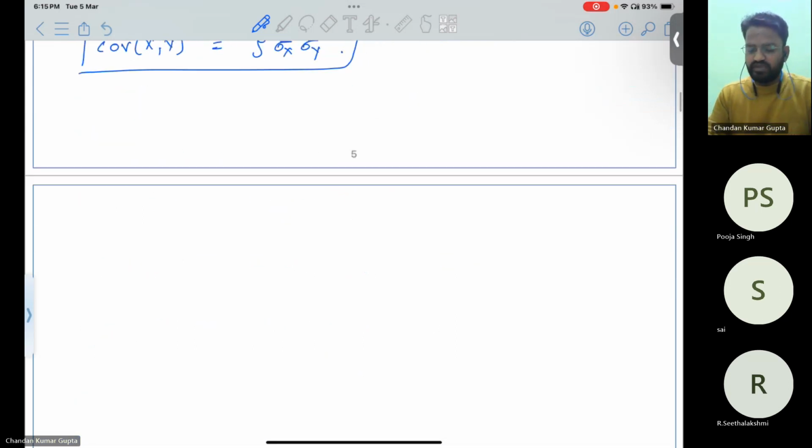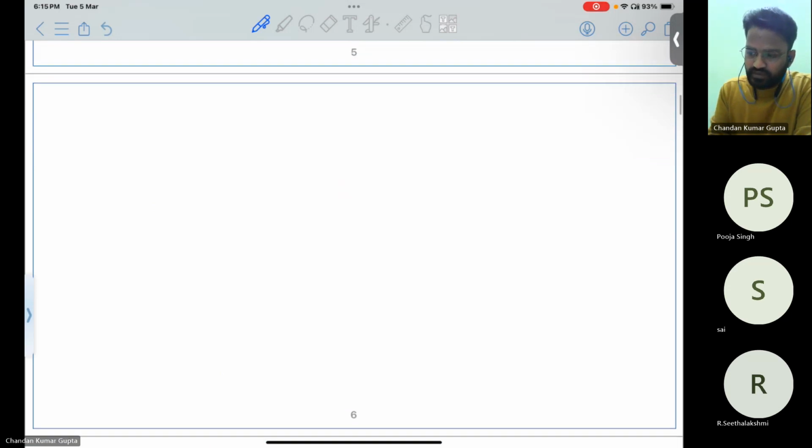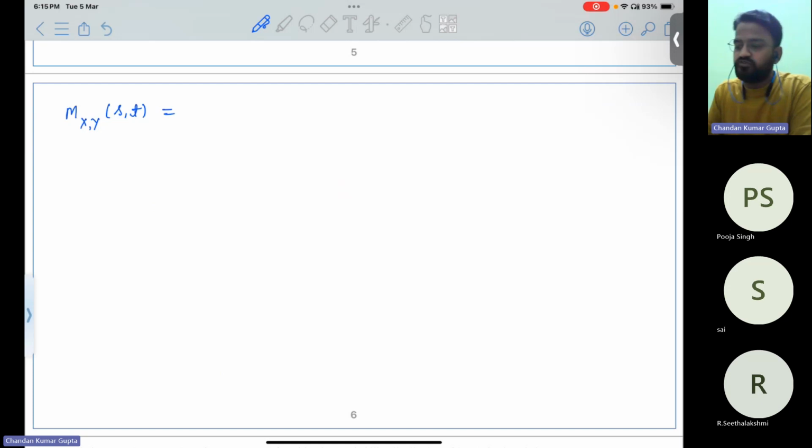Now the MGF of the bivariate normal distribution is defined as the expected value of e to the power (sx plus ty), similar to the univariate case.